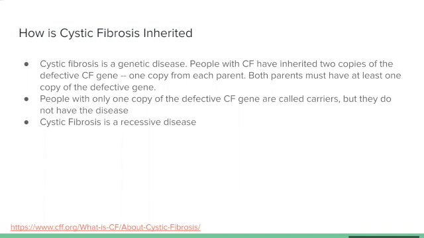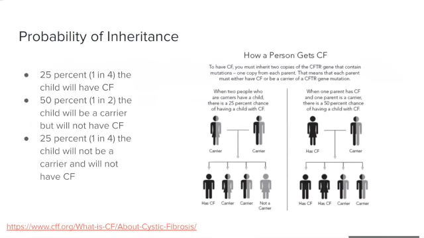Cystic fibrosis is also a recessive disease. So the probability of getting cystic fibrosis is 1 in 4 or 25%. There's also a 50% chance that a child will be a carrier of the disease but not actually have cystic fibrosis. And then there's a 25% chance that the child will not be a carrier and will also not have cystic fibrosis.